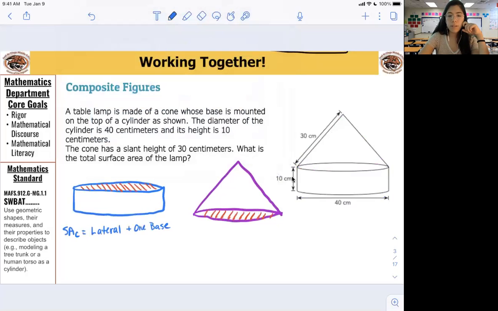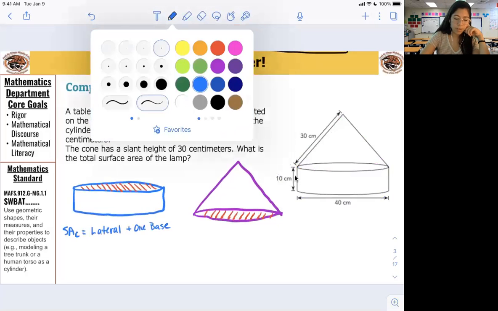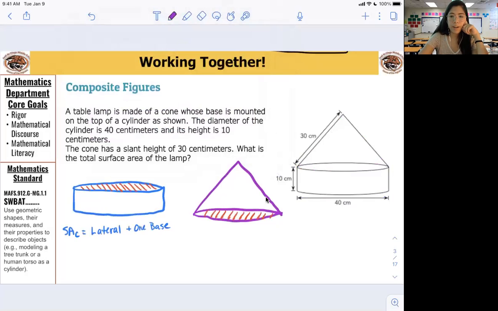Now for the cone, I'm doing the lateral area. Am I doing the base area at all? No. So for the cone, it's just the lateral area. Just the side, not the bottom.